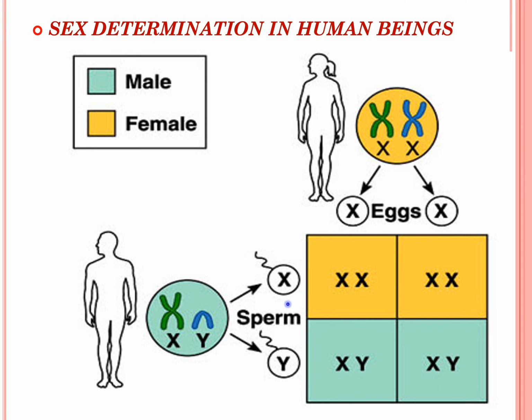At the time of fertilization, if the sperm having X chromosome gets chance to fuse with egg having X chromosome, then the resultant zygote with genotype XX will be formed, which will develop into girl child.